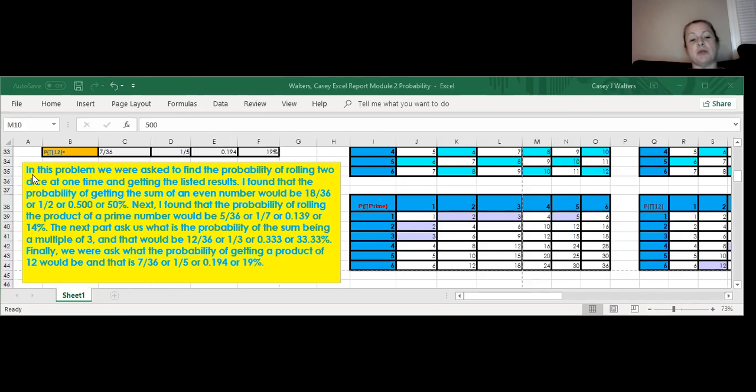Finally, we were asked what the probability of getting a product of 12 would be, and that is 7 in 36, or as a decimal, 0.194, or 19%.